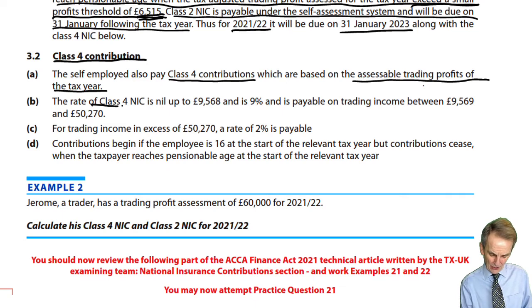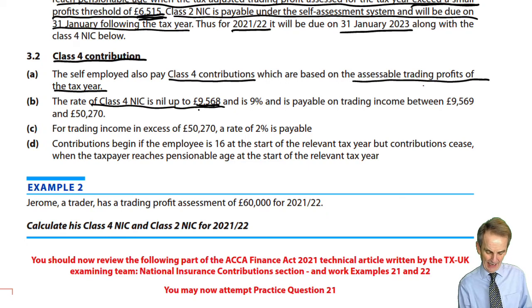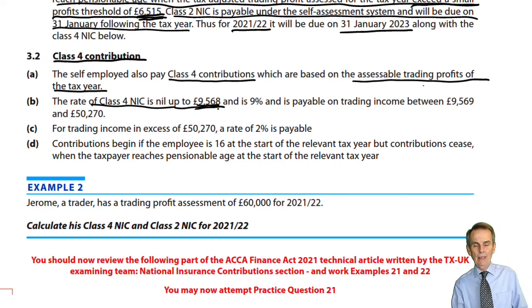The rate of Class 4 NIC is nil up to £9,568 there. So as with the employee for employment income, we have a threshold below which it is not payable, above which it is payable.